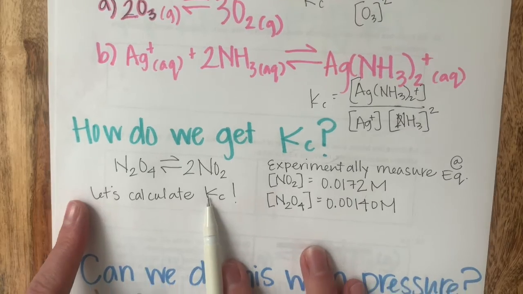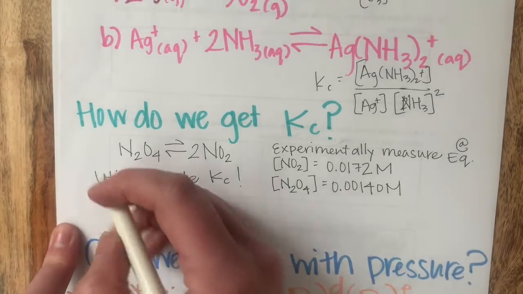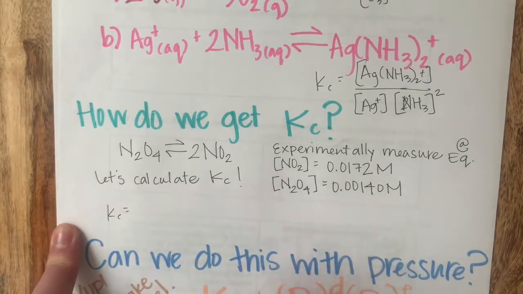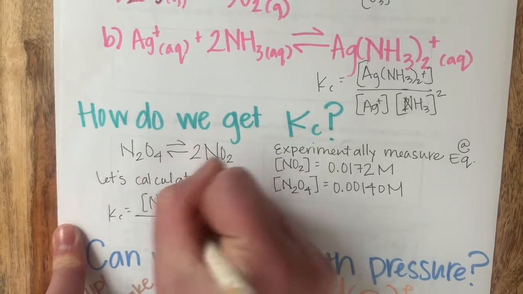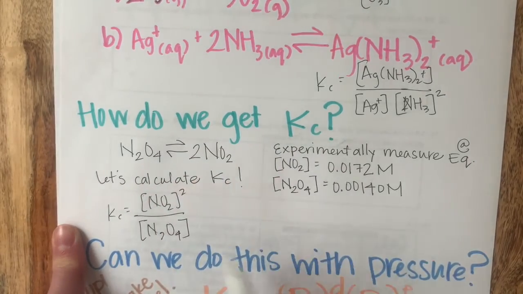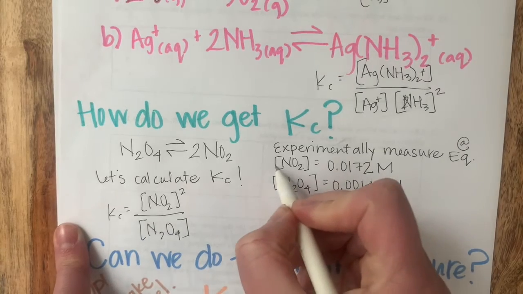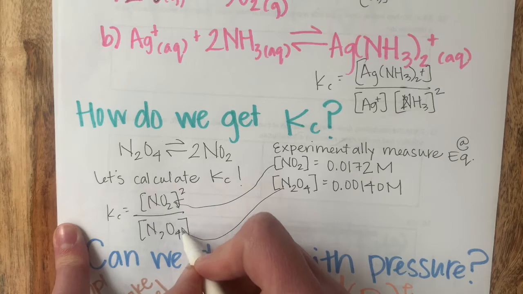Let's calculate Kc. So first we need an expression, right? So let's go ahead and write that expression. Kc is going to equal [NO2]^2 over [N2O4]. Okay, and now we know these concentrations. So we're just going to take this, plug it in there, take this, plug it in there.